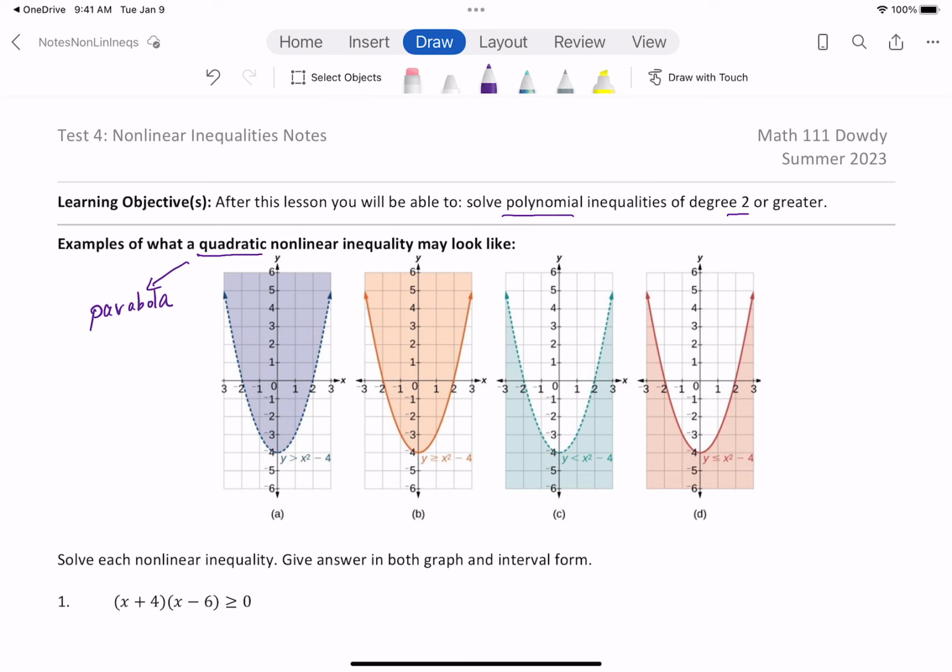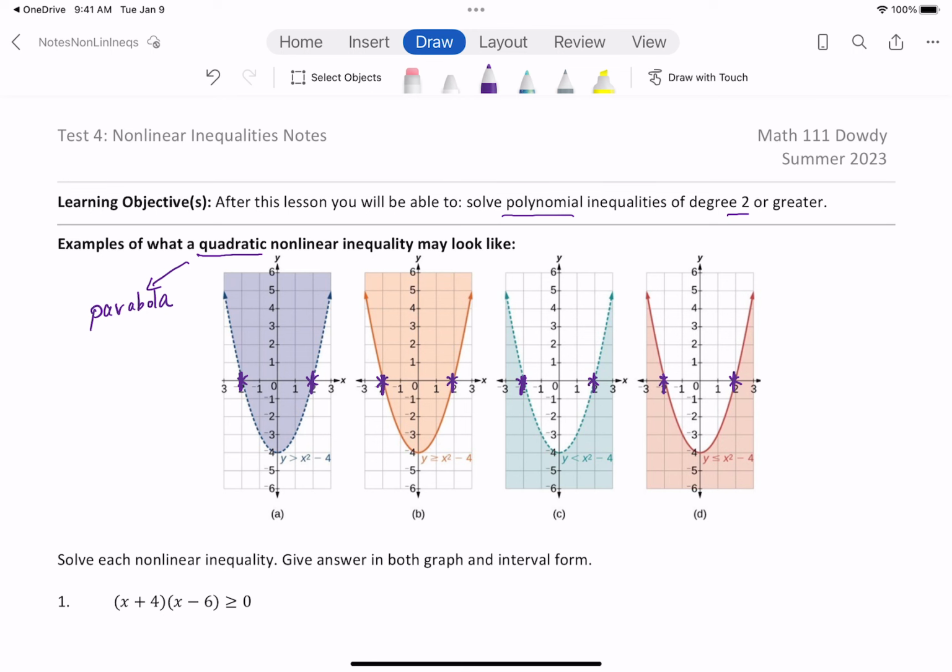So what these are illustrations of is each one of these is a parabola, and you see that the parabola crosses in each one of these cases the x-axis at two places, and those are going to be the endpoints because there are zeros when we look at this type of problem.